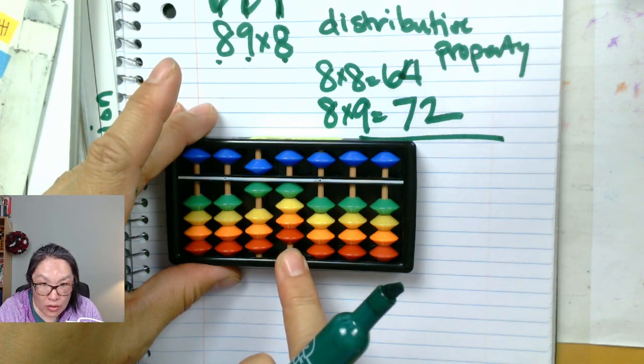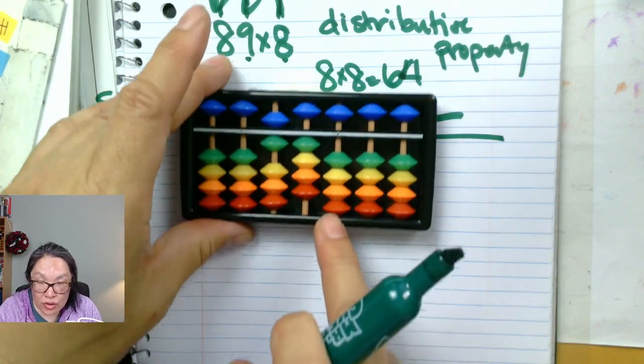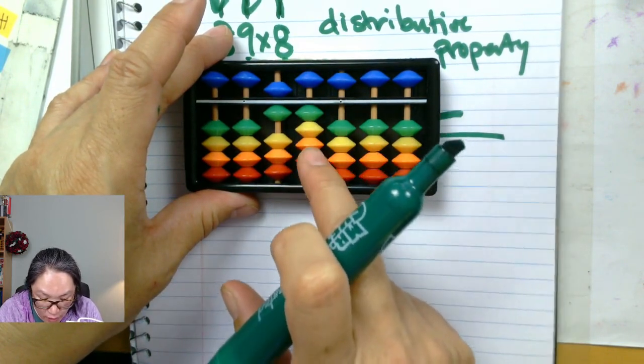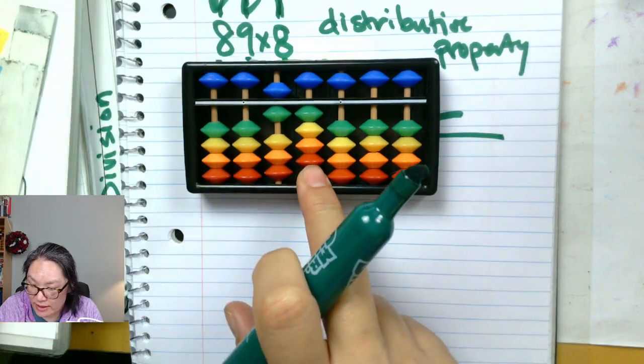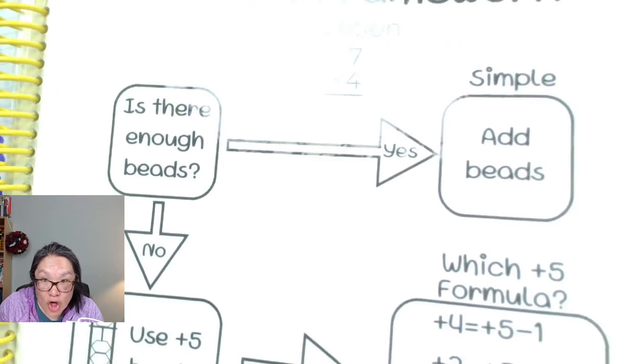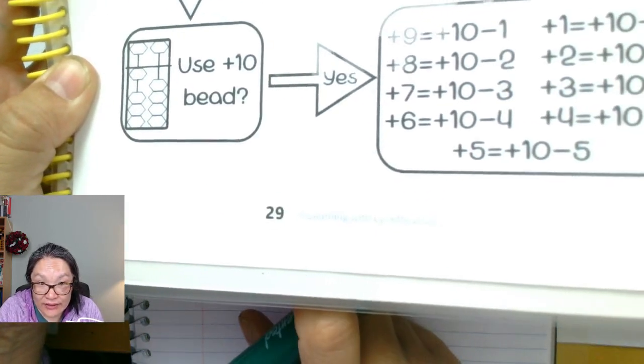So we need to add 72. I need to add 70 to my 4. Is there enough beads to add the 7? No. I cannot add the 5 because it's a 7, right? So I need to add a 7.